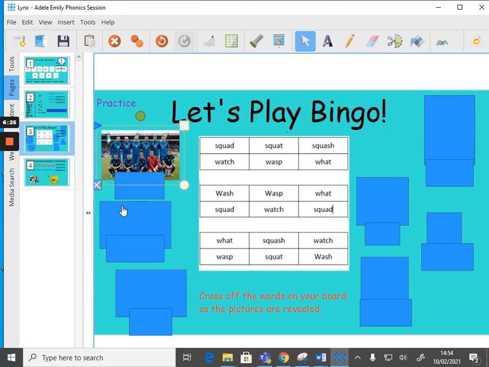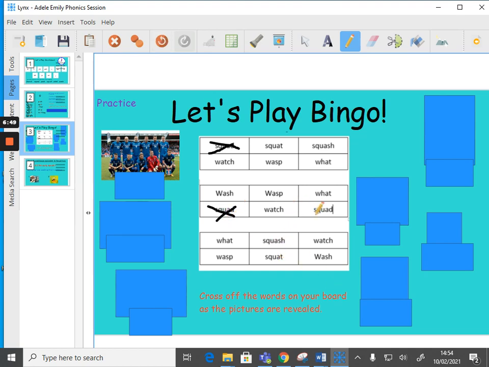Okay, I'm going to reveal my first picture. It's a picture of a squad. Squad. I've got to remember that after the qu sound, it's the short O sound that I can hear with the spelling A. So here it is on board 1, squad. Here it is on board 2, squad.